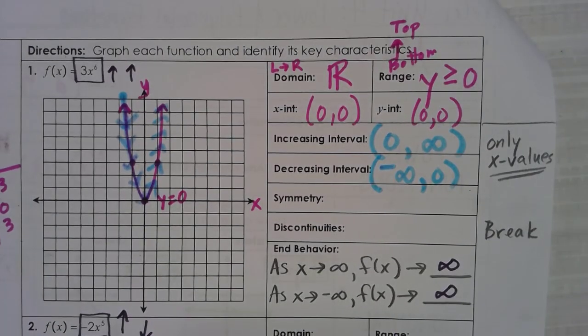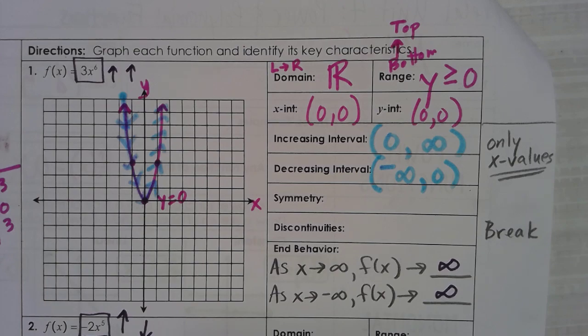FYI, when you're doing increasing and decreasing intervals of a continuous function, like it has a domain of all real numbers, your interval will always start with negative infinity. That's the very first thing you should always write down. So start with negative infinity and then go to whatever number. Sometimes it goes forever to positive infinity, and it never goes the other direction.